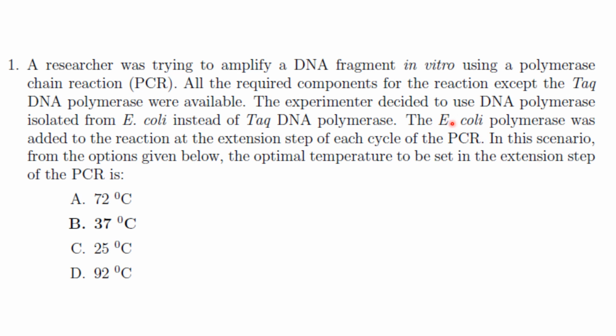In this scenario, that is in case of E. coli polymerase, the optimal temperature to be set in the extension step of the PCR will be 37 degrees Celsius, because at 72 degrees Celsius, E. coli DNA polymerase will denature and it will not function. But at 37 degrees Celsius, which is the optimum temperature for E. coli DNA polymerase, it will function. So the answer here is option B, that is 37 degrees Celsius.